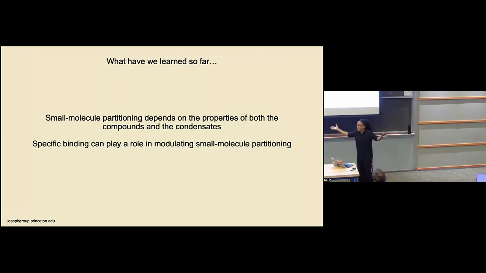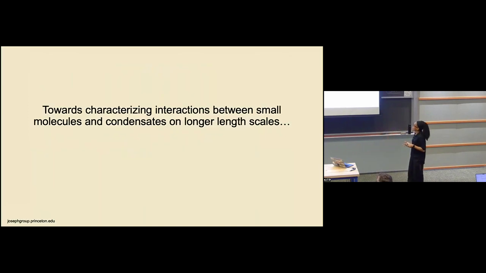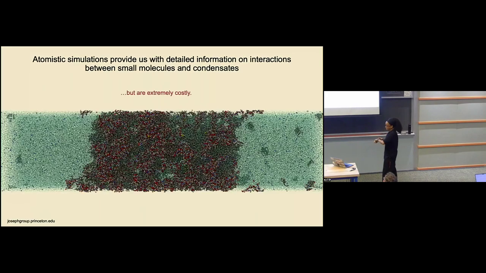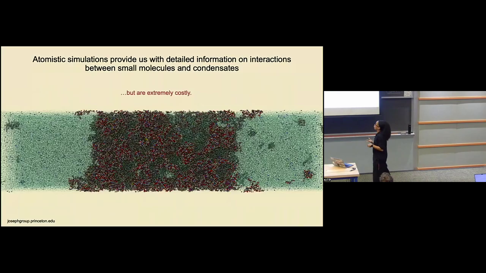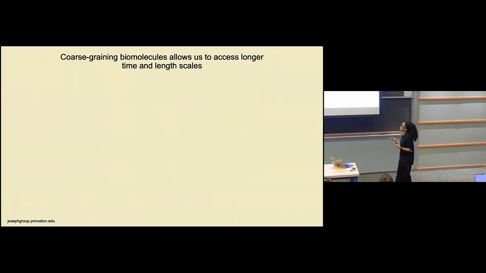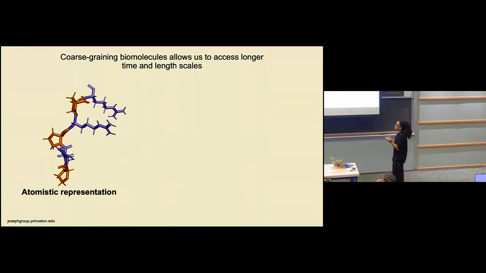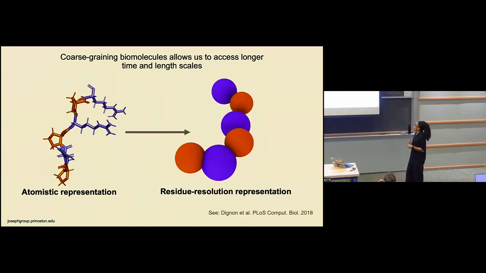But we really want to model things like fast, right? We really want to model large condensates made up of many different types of components and study these types of systems. So how do we go towards larger length scales? Well, we know that our atomistic simulations are very costly. We can adopt a coarse graining approach, right? So instead of representing all of our amino acids explicitly in our system, we can coarse grain them.